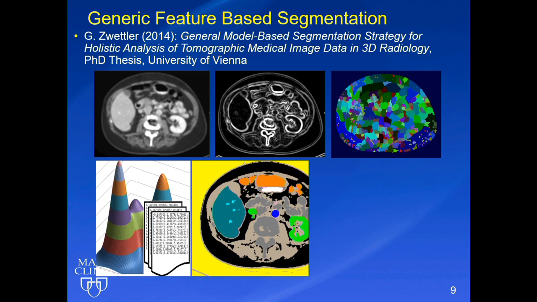What I tried in my thesis was to develop a fully automated feature-based segmentation approach where you train your models on only a very small number of tomographic datasets, in domains like brain MRI or CT of the abdomen, with only some 10, 15, 20 input datasets that come with a high quality reference segmentation.